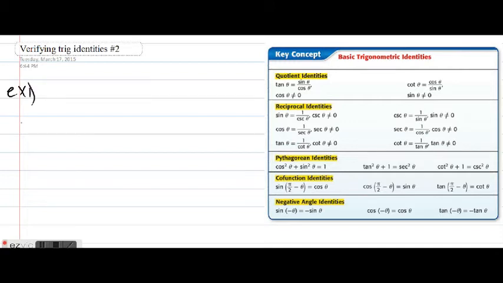I'm going to do them, but I do want you to hit pause and give it a try. So example 1: sine of x times cosecant of x equals 1. Give it a try, please. I'm starting off real easy, and then I'm trying to go more and more difficult.